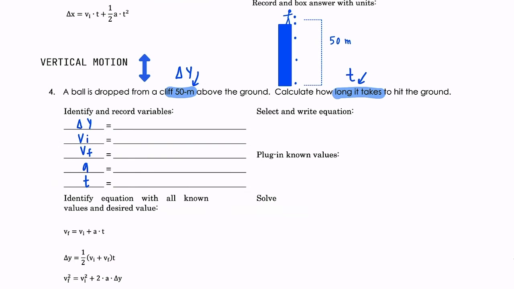So the variable that we are given directly is delta y. And for vertical motion problems, I'm going to define the downward direction to be negative.